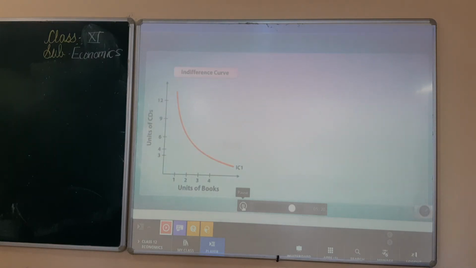Now, let's assume the amount of your income or allowance money increases, or lesser quantities of the goods. This is represented by a lower indifference curve.